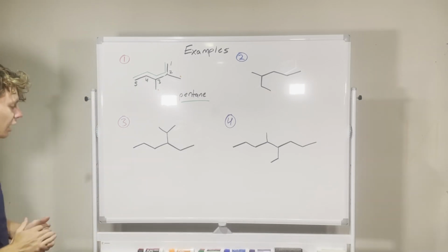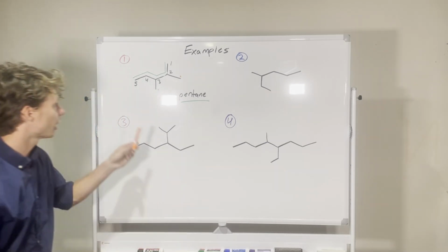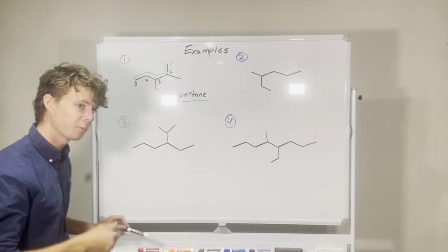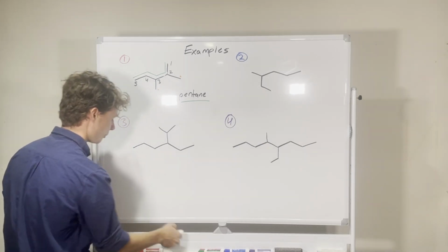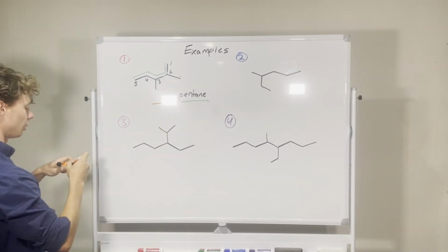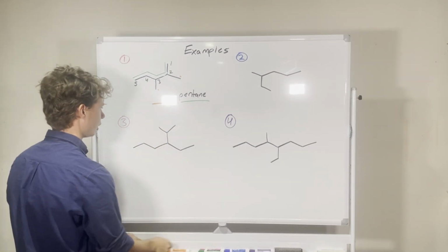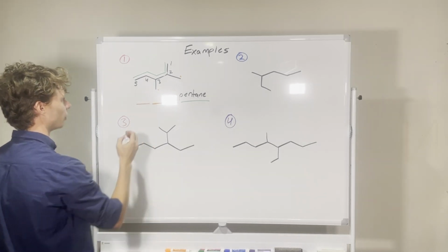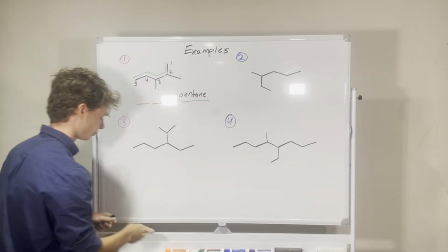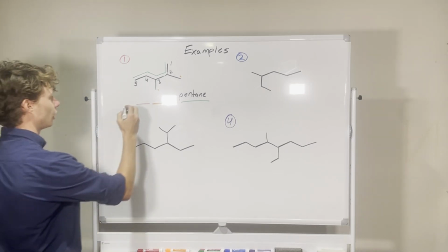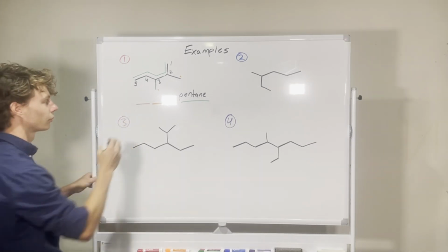All right, let's name this thing. I said I have 2 methyl groups at positions 2 and 3. How I'm going to do that, and let me color coordinate this. Substituents are going to be in orange, and my numbers, keeping consistent with the last video, will be in red. How I'm going to name this is first start out with the number.